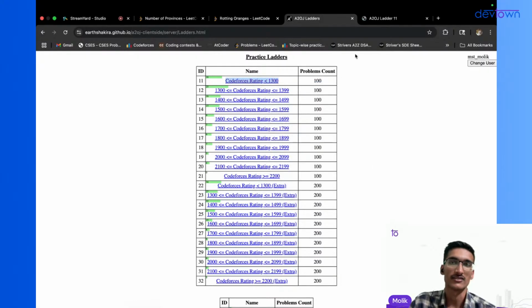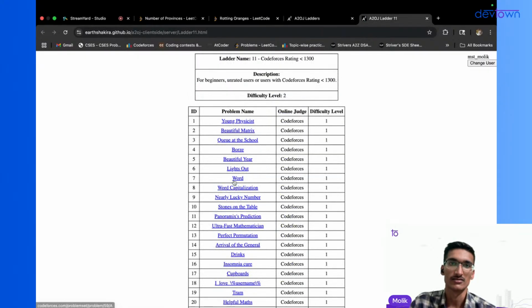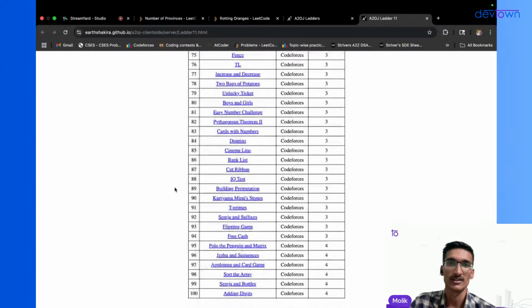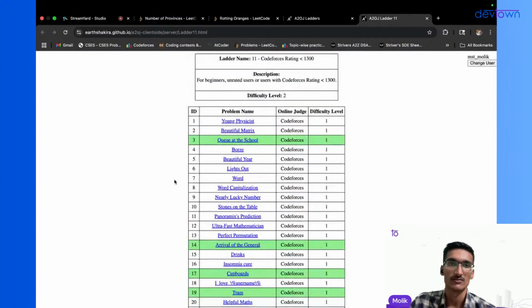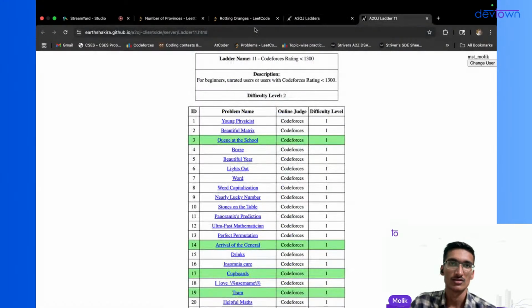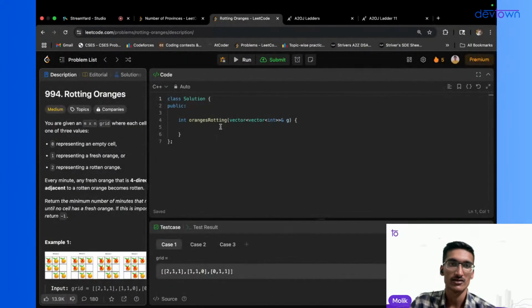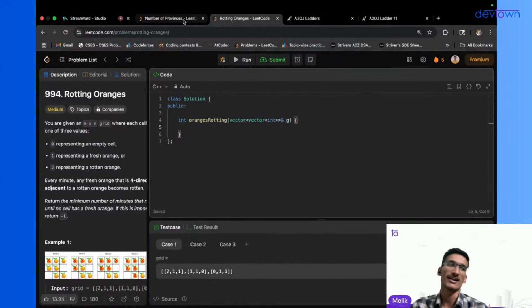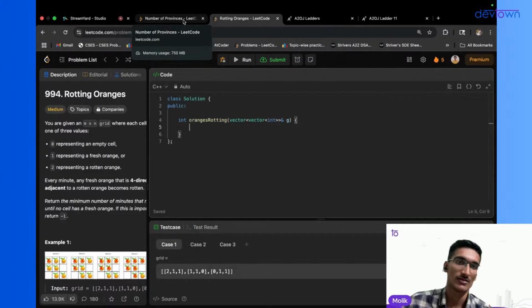This contains some really nice problems. You can do less than 1300 rated problems. If you are doing LeetCode, then try writing that algorithm you are learning 2 or 3 times, and then try to do some 5 or 6 problems. You will be good to go.